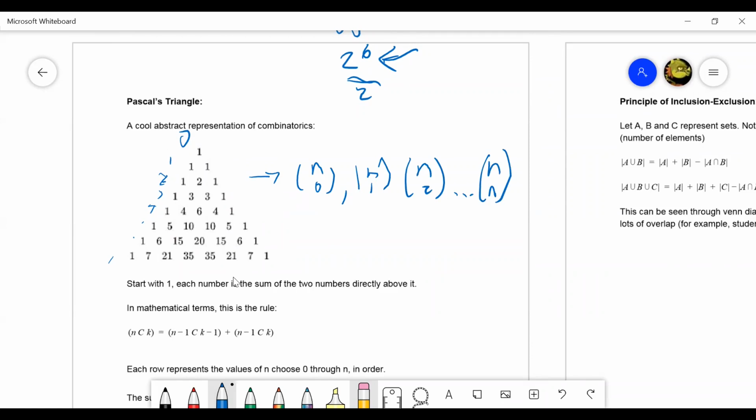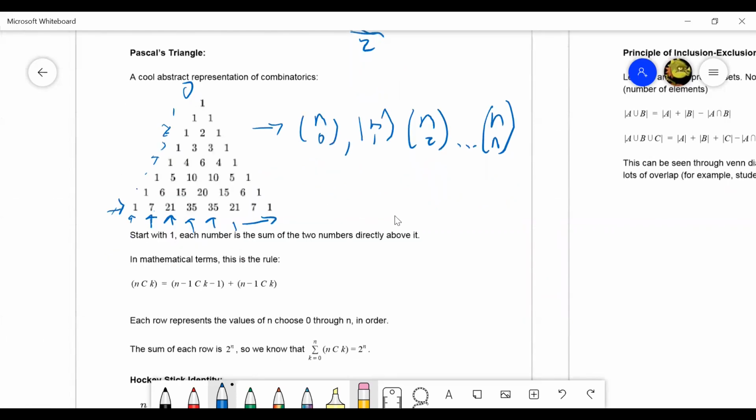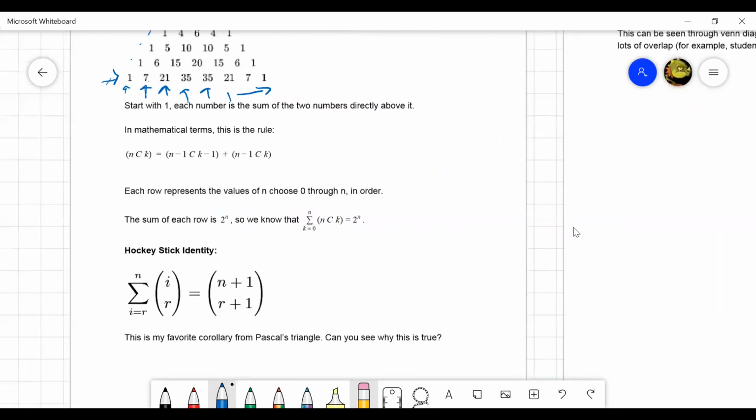So if you take any row, let's say the largest row in this diagram, 7 choose 0 is 1, 7 choose 1 is 7, 7 choose 2 is 21, 7 choose 3 is 35, 7 choose 4 is 35, and so on. This is all true for any row. I believe the proof of this will not be shared.